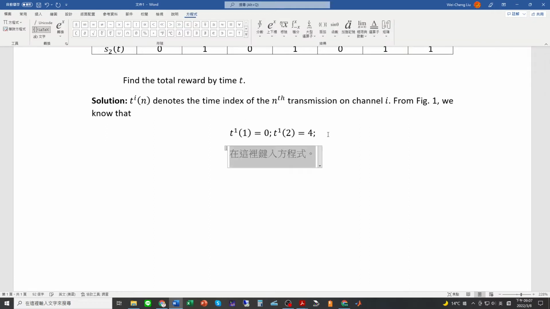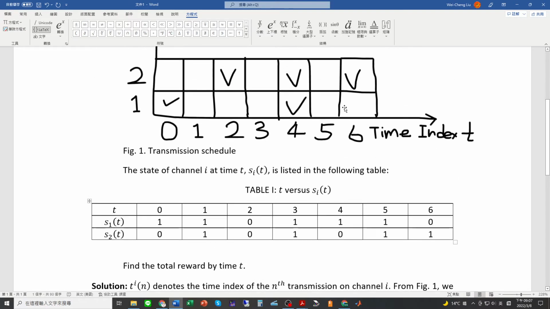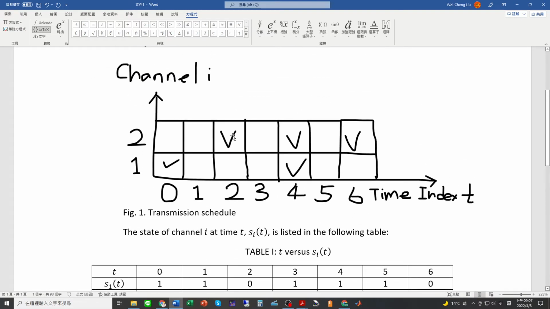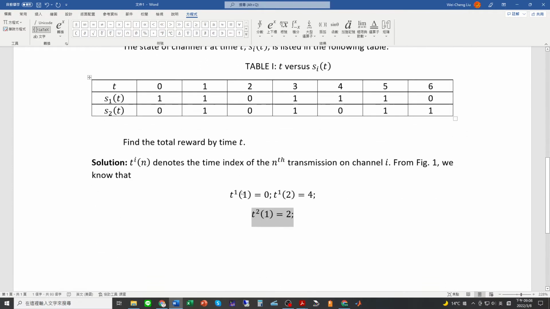Now let us try to find T2 of 1. It is equal to 2. Why? Because T2 of 1 denotes the time index of the first transmission on channel 2. The first transmission on channel 2 is this, and the time index is equal to 2.